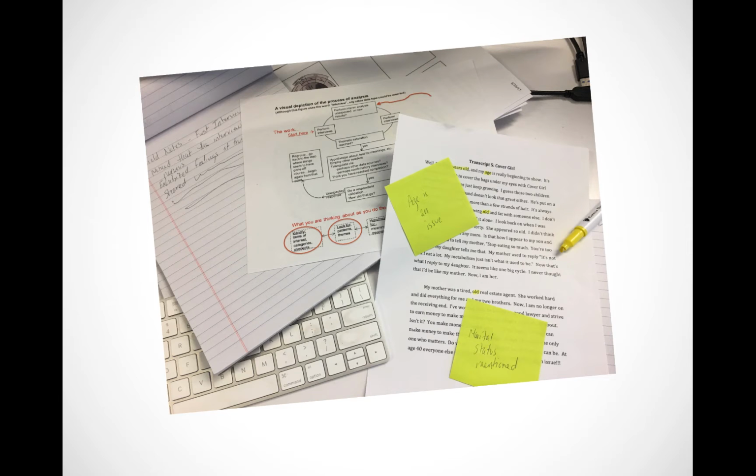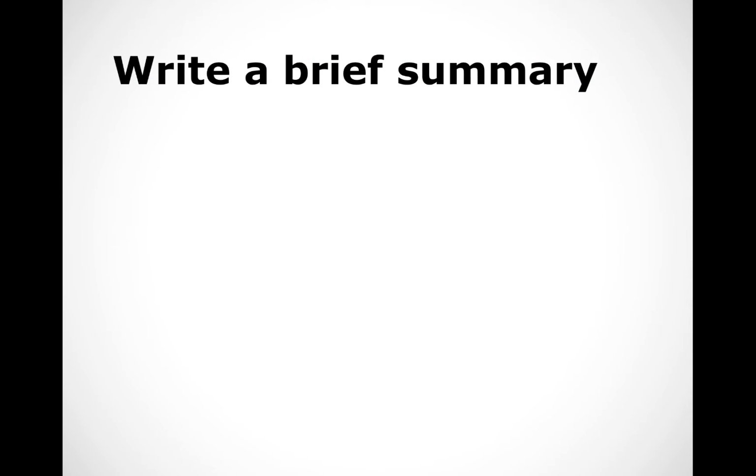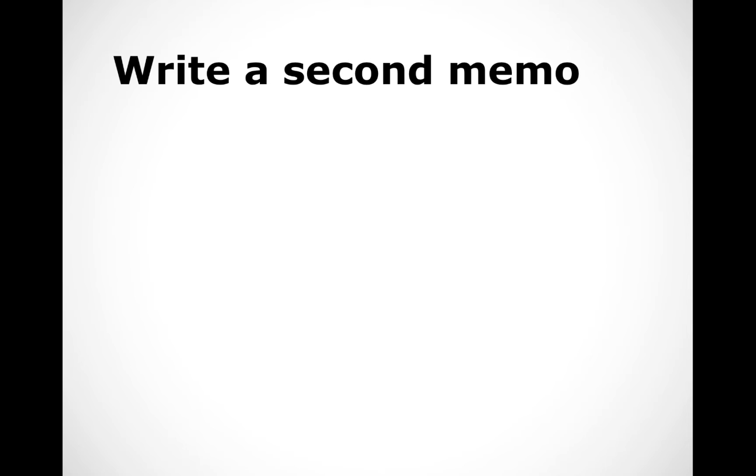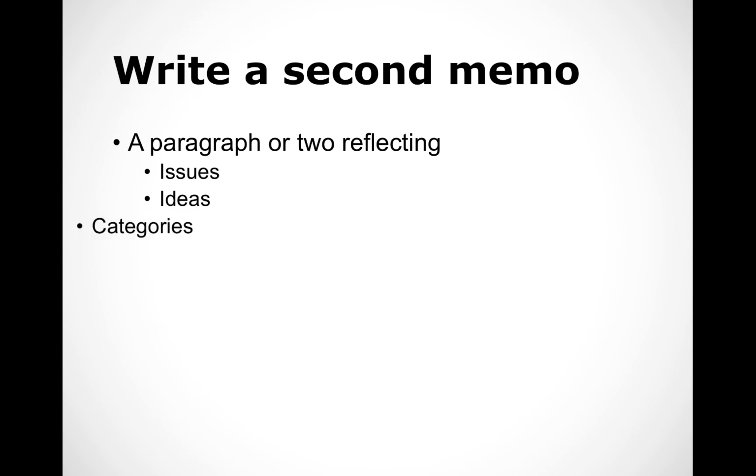We recommend writing a brief summary of a few sentences for each transcript or set of notes. This memo should identify key points, ideas, and emergent categories within that piece of data. After you've finished reviewing your data for that session, write another memo consisting of a paragraph or two in which you reflect on the issues, ideas, and categories across the data set.